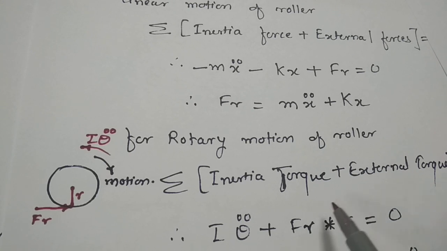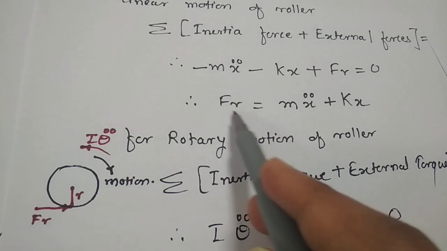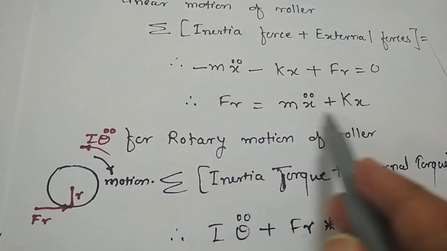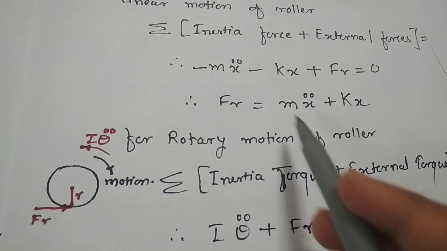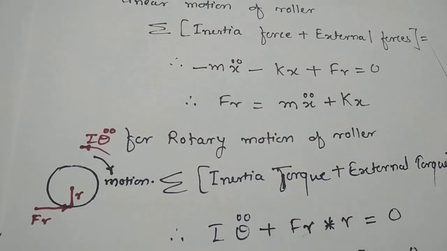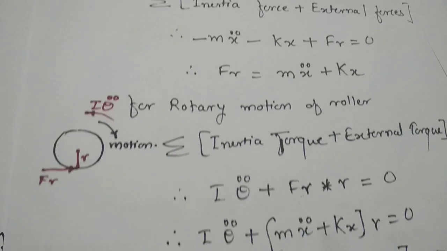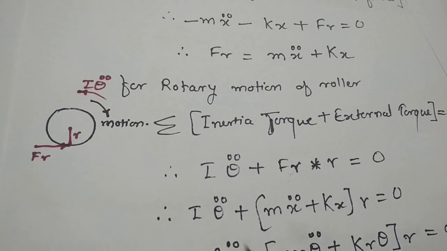But this Fr is already found. So put this value of Fr here. What we will get? We will get I theta double dot plus bracket m x double dot plus kx bracket complete into r is equal to 0.